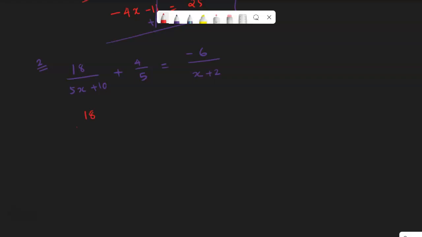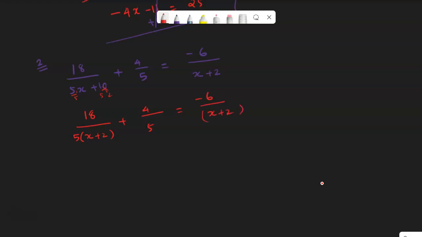So this is 18 over 5 times x, and this 10 can be written as 5 times 2. So this is 5 times x plus 2, because I took 5 out, or easily we can say that I divided by 5. Taking out means division. So two groups of 5 are 10, so this is x plus 2, plus 4 over 5, equal to negative 6 over x plus 2.